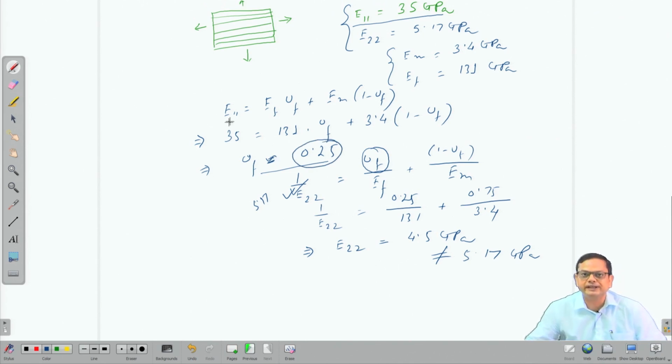From there you can say that with these values of modulus of matrix and fiber, this kind of E11 and E22 value cannot be obtained. So, this was a very straightforward problem. Let us go to a new problem which is a little bit more involved.